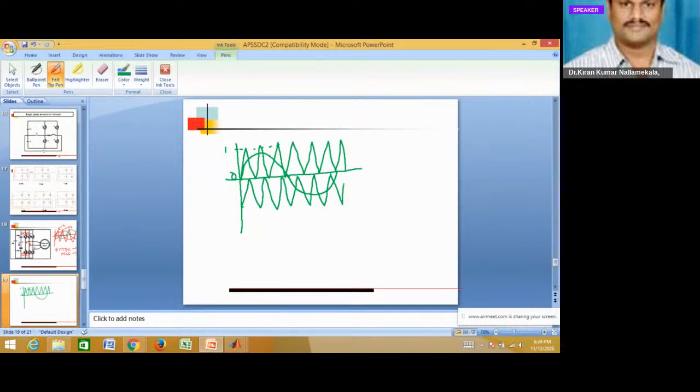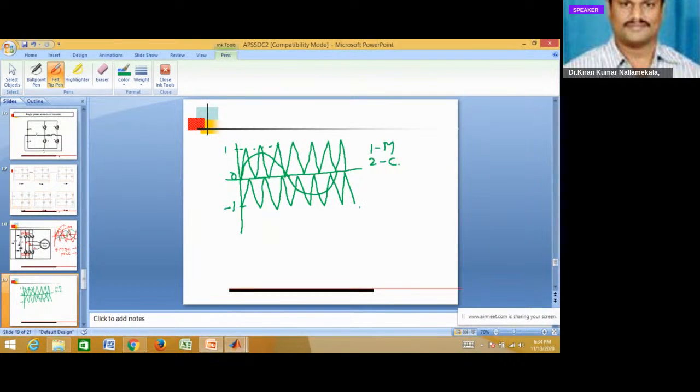The second triangular wave is varying from -1 to 0. That means you need one modulating signal and two carrier signals, two triangular waves. How do we generate these modulating signals, that we will see in this pulse width modulation technique.